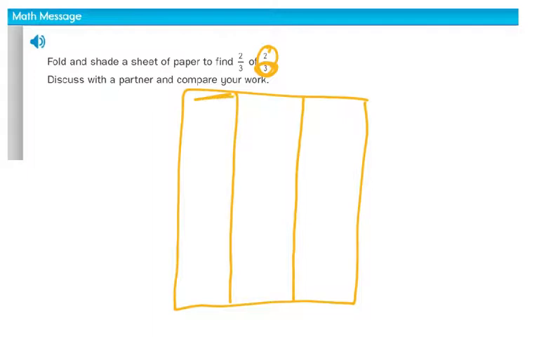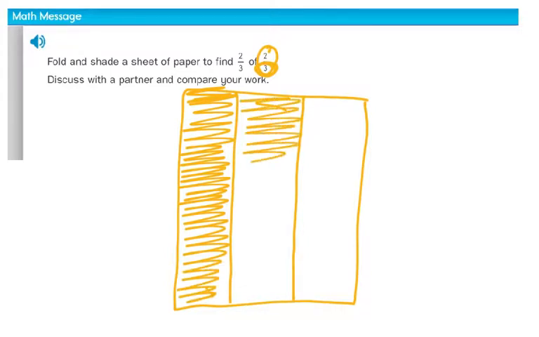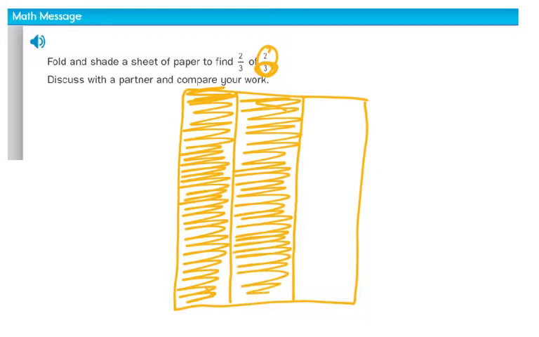Shade in 2 out of those 3 parts. Now we're going to find out what 2/3 of that is. So we're going to divide it into 3 equal parts. 1, 2, and 3. Now we're going to shade in 2 out of those 3.